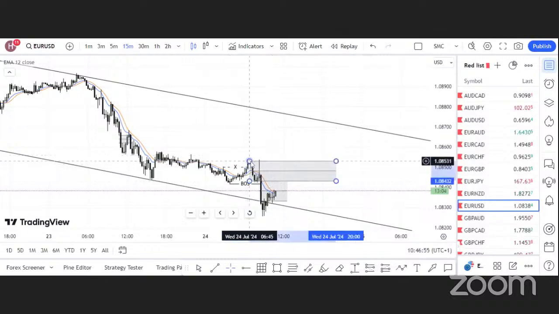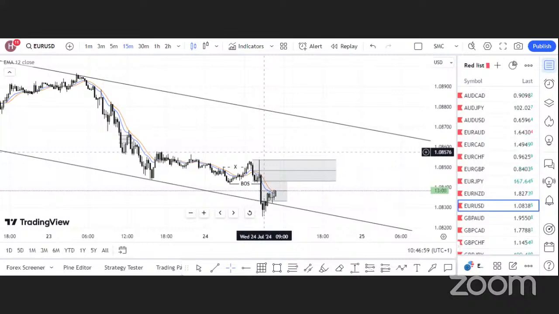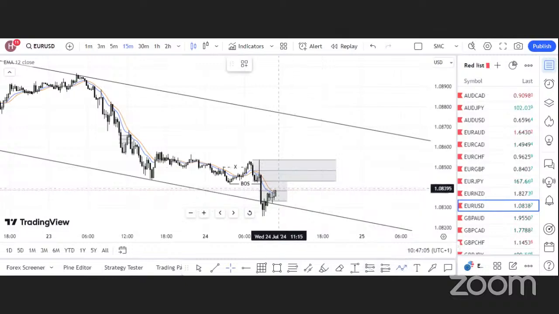So if the market goes above our fair value gap, our next point of interest is our order block. So this is our order block right here. If the fair value gap doesn't hold the market, the order block will surely do.